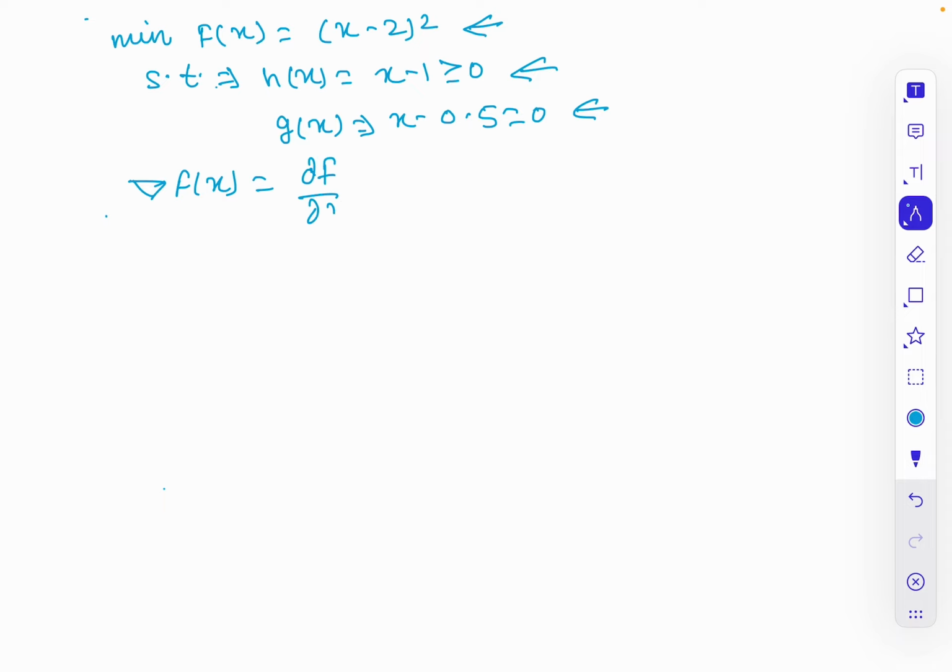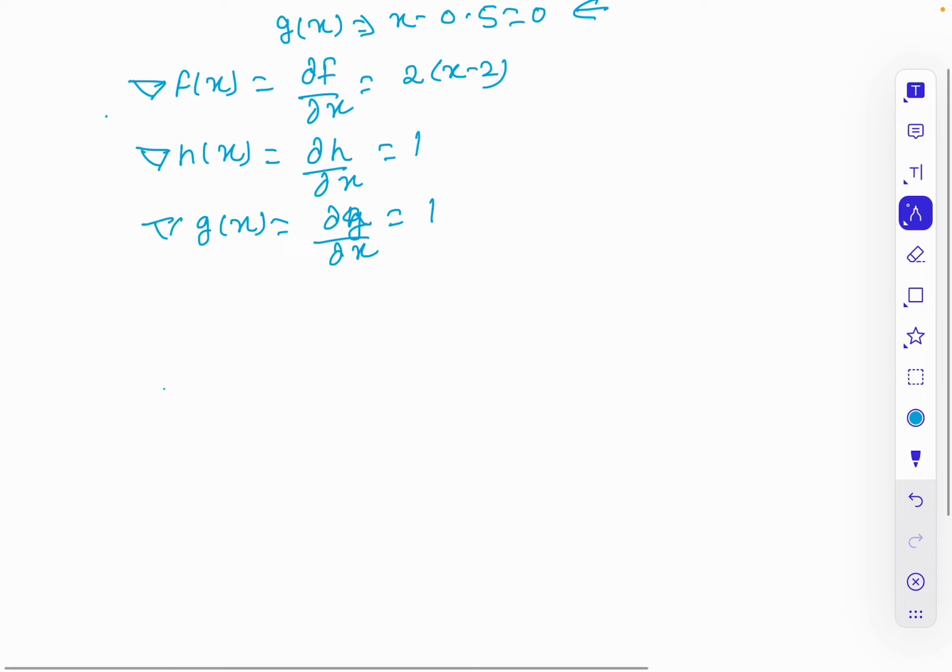The gradient of the objective function is df by dx, so it would be 2 times (x minus 2). The gradient of the inequality constraint would be 1, because the differentiation of h with respect to x is 1. The gradient of the equality constraint will also be 1. Then we have to find the Hessian of the Lagrangian as well.